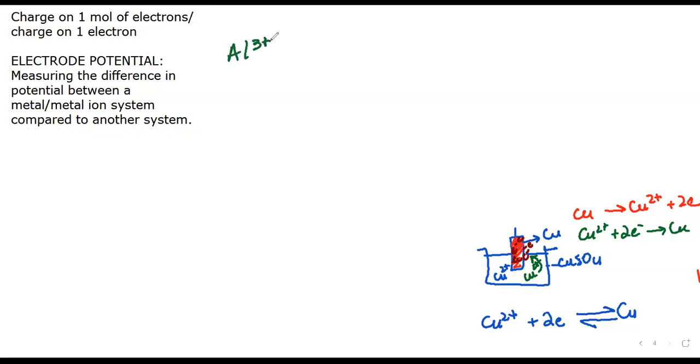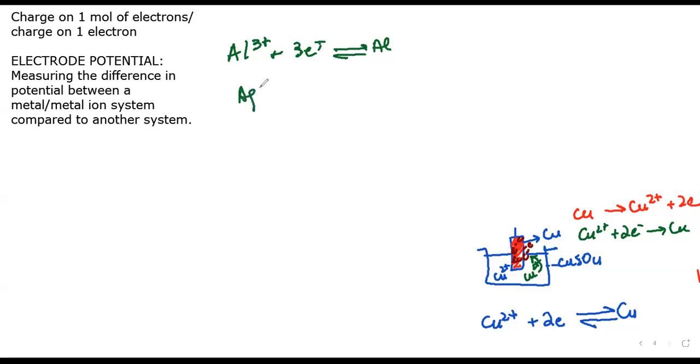The aluminium ion will gain 3 electrons to become aluminium metal. This is my redox equilibrium. The more positive or less negative, whatever term you like to use, the more positive your electrode potential, the easier it is to reduce the ions on the left side, right?